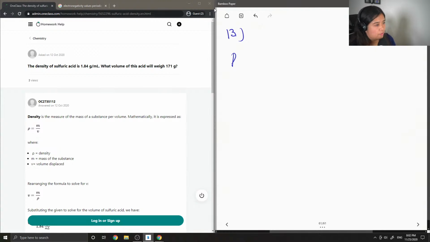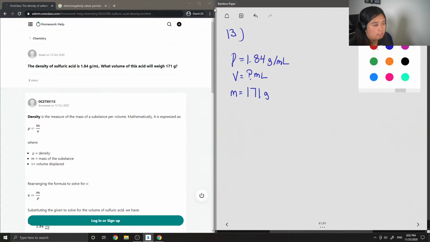This is the symbol for density, which is also called rho, I believe. So the density is equal to 1.84 grams per milliliter. We are looking for volume, which will be a value in milliliters. And they also give us the mass of the acid, which is 171 grams.